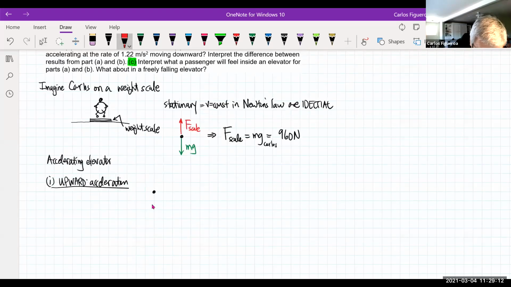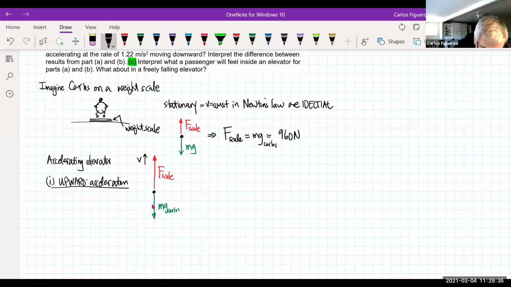It's actually the force of the scale. So the force of the scale has to act more on Carlos to increase his velocity here.